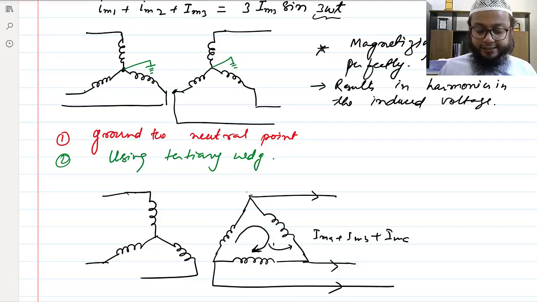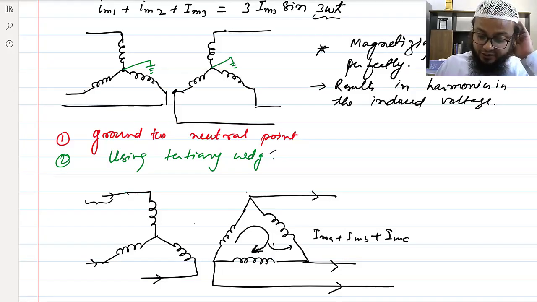So circulating current flows in the delta connected winding, and since this current is flowing in the delta connected winding, the current is actually drawn from the phase as well. So in the line you would have the harmonics, and in the primary side the harmonics would also be present, because there is a circulating current in the secondary of the transformer.